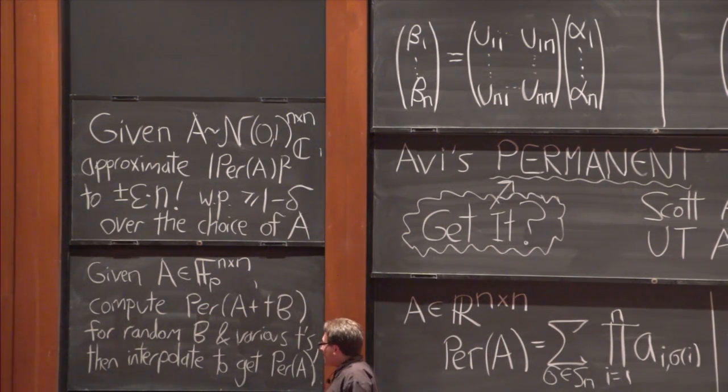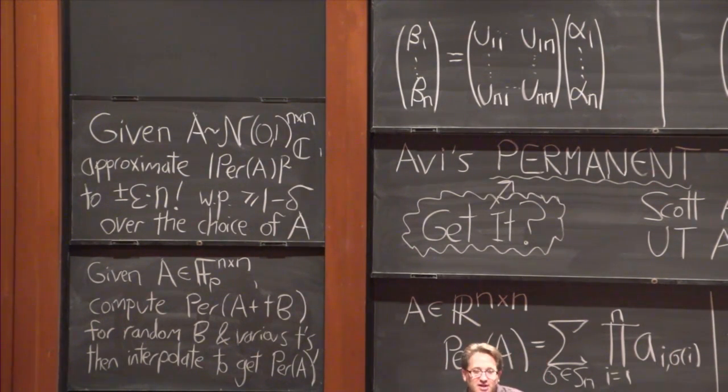I should say currently we have not even been able to analyze what is the distribution of the permanent of an IID Gaussian matrix. What does it converge to? Based on experimental evidence, we are confident that as n gets large, the distribution of this absolute square of the permanent of a Gaussian random matrix very quickly converges to a log normal distribution.